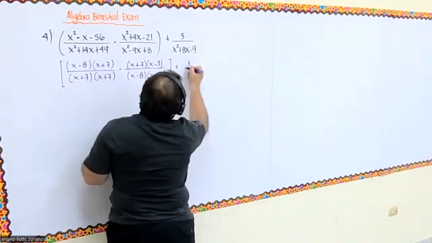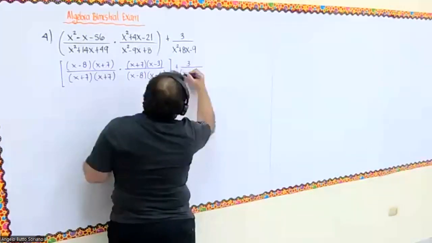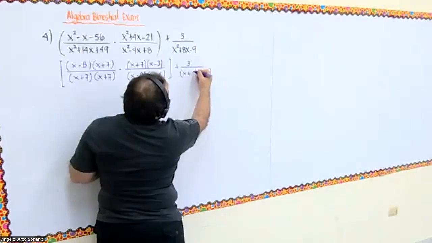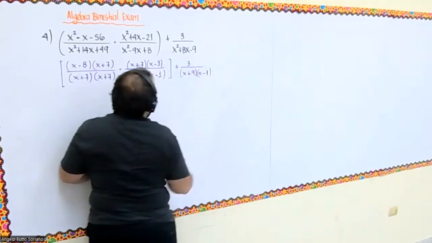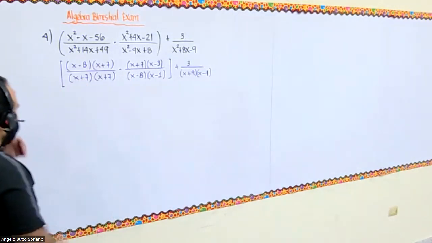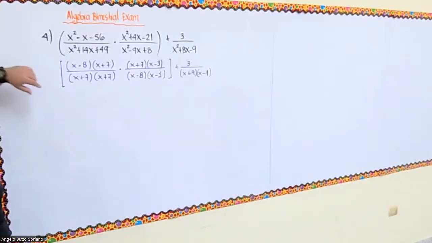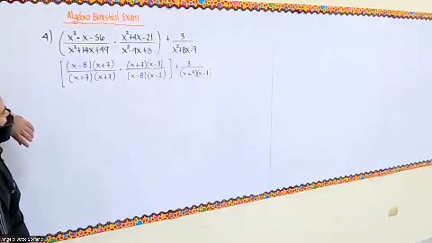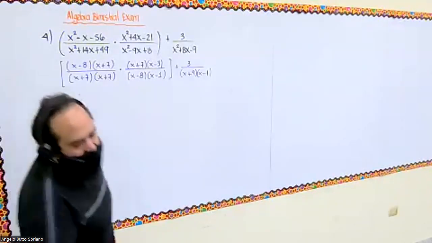Adding 3 over what? x plus, x negative. Obviously, we have 9 and 1, because 9 times negative 1 will be negative 9, and 9 minus 1 will be positive 8. Now let's simplify these expressions as soon as we can.